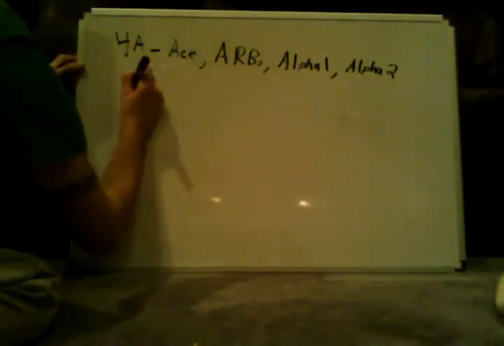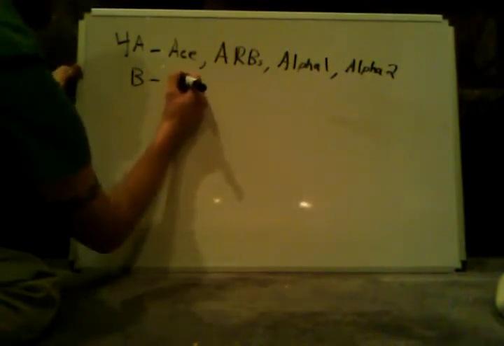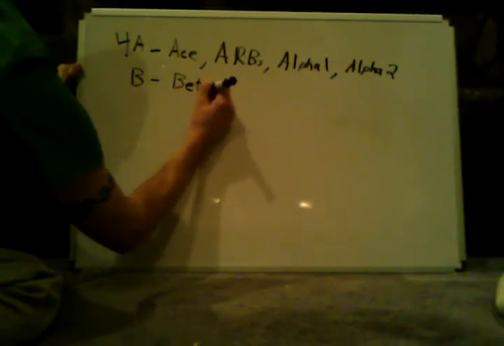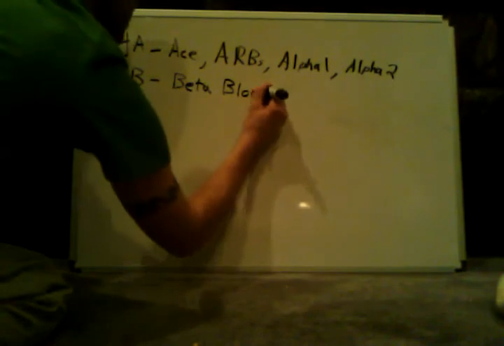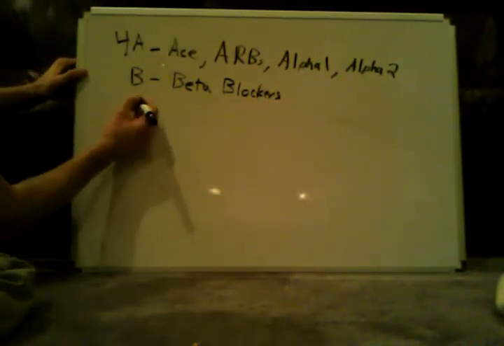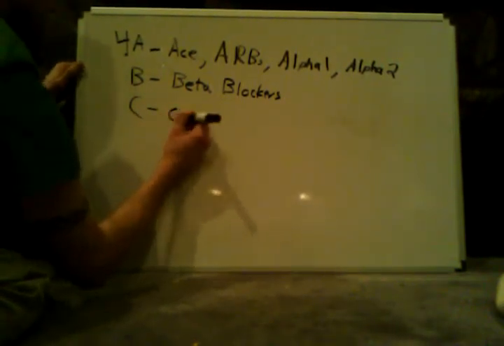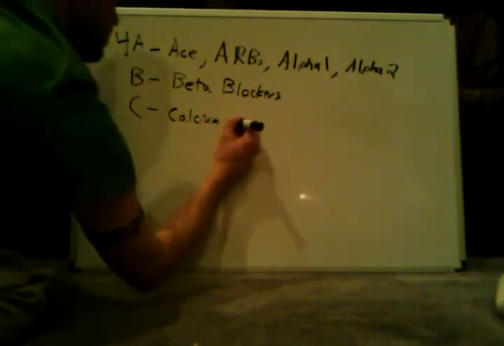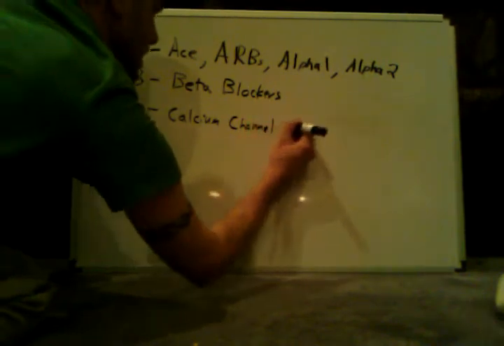The B stands for beta blockers. The C stands for calcium channel blockers.